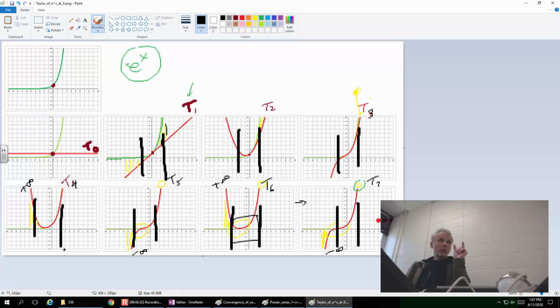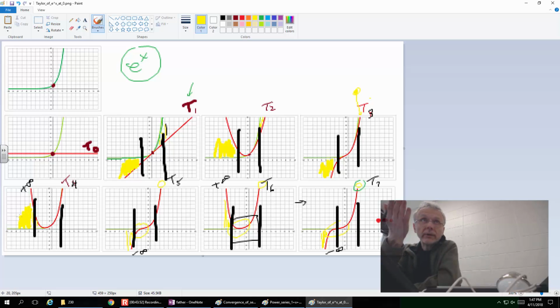Look at what's happening elsewhere. If we just step away outside of this interval, you see what's happening. Look at this. My exponential function has a horizontal asymptote. In the meantime, what do we know about polynomials and their asymptotes?